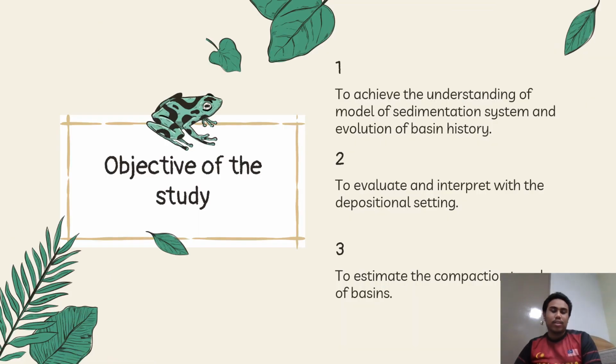For the objective of this study, first of all, is to achieve an understanding of the model of the sedimentation system and the evolution of the basin history. Next, to evaluate and interpret the depositional setting of the basin, and to estimate the compaction trend of the basins.